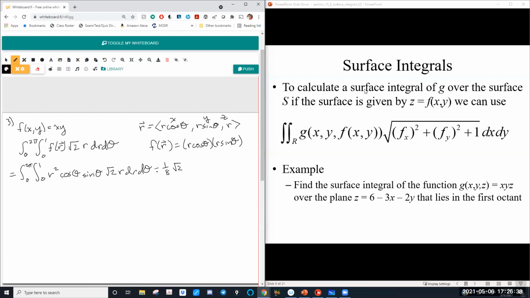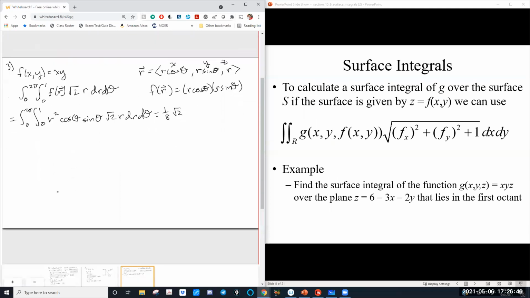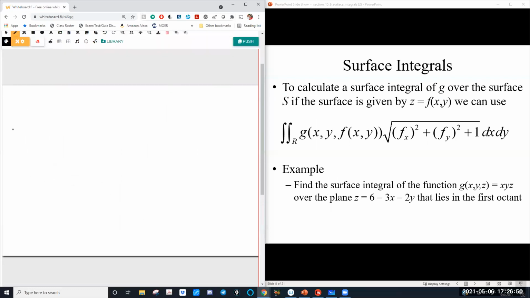And this would be a surface integral over our surface if it's given by a function. We're going to use the same function as before because we already know that this part just comes out to be rad 14, and we already know our limits of integration.